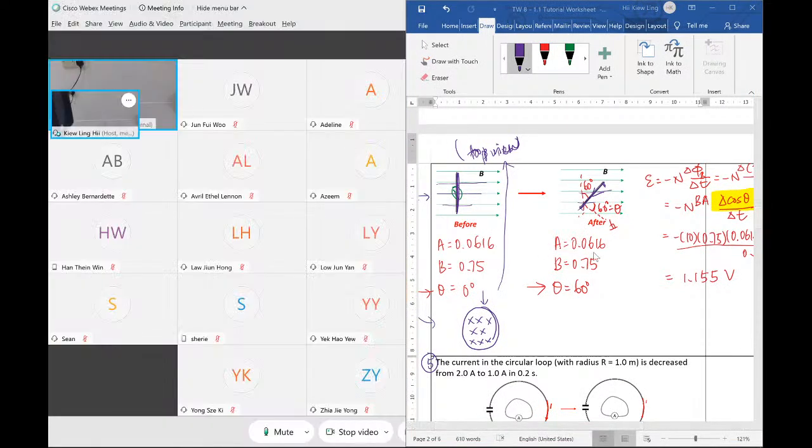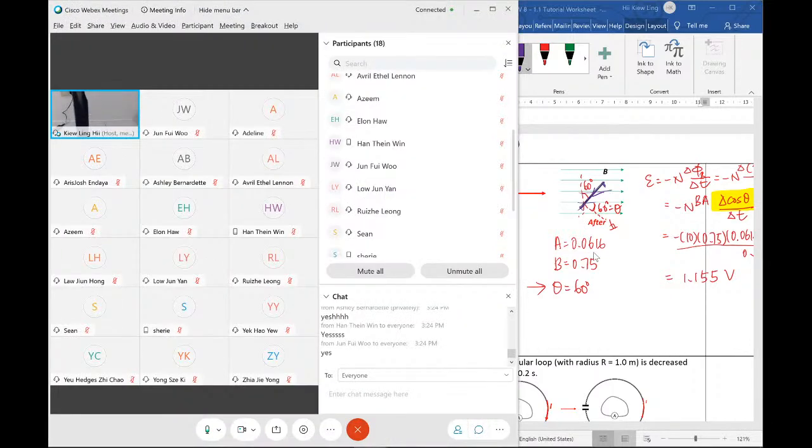Based on this question, this is our top view, correct? And now we would like our magnetic field to be produced in this direction, to the right.